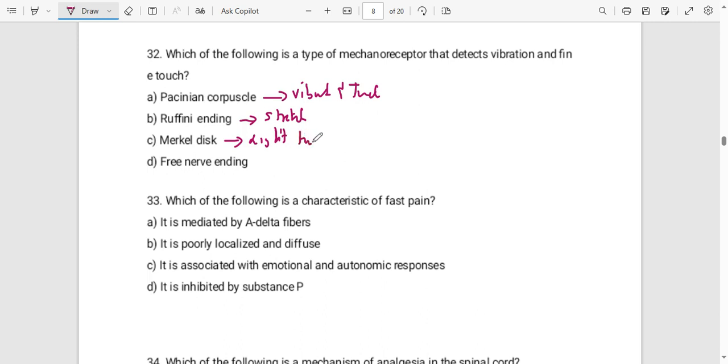So light touch, and you can also use the Meissner to differentiate points and edges because they are found especially at the tips of the fingers. That's where they're going to be found. So you can differentiate the points and edges. When you touch, let's say, a table, you can feel, okay, this is the edge.